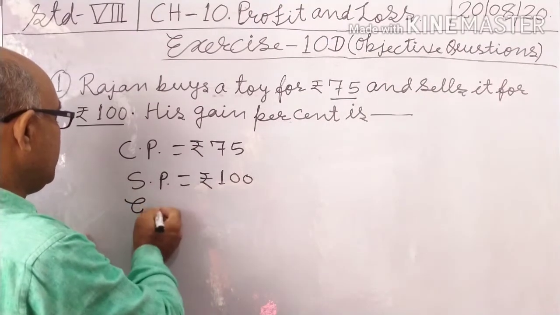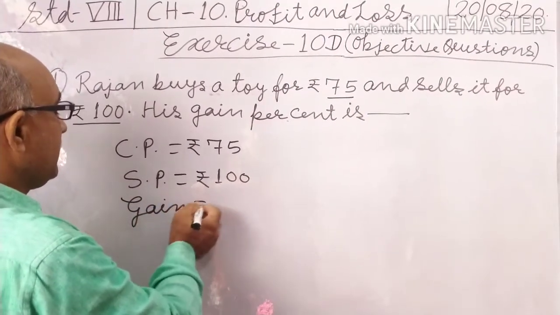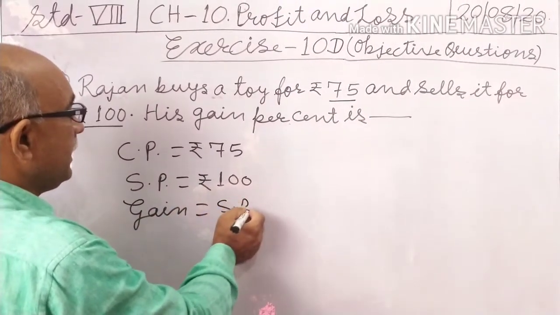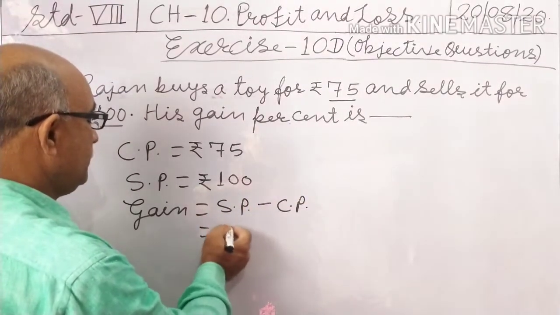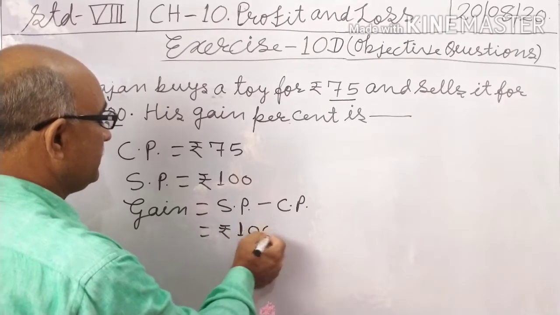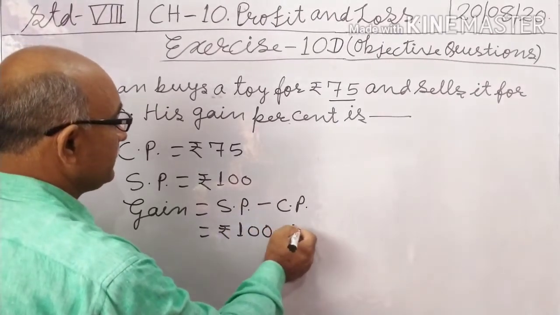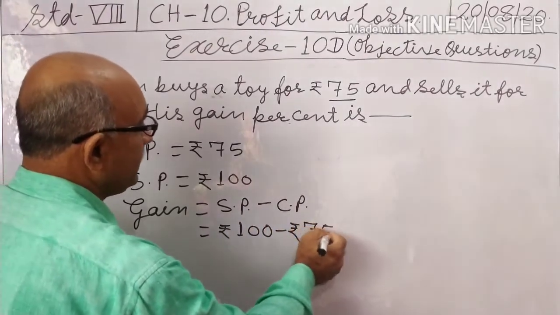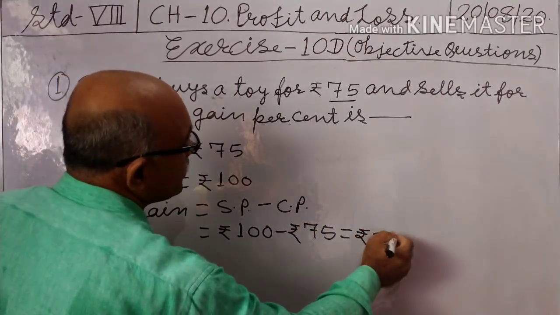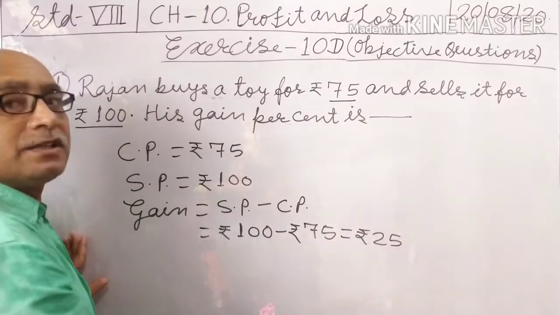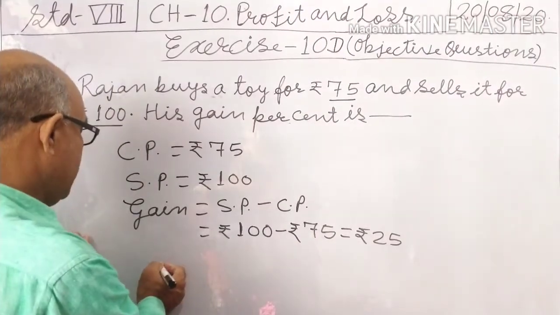So gain equal to SP minus CP equal to rupees 100 minus rupees 75 equal to rupees 25. 100 minus 75 equal to 25.